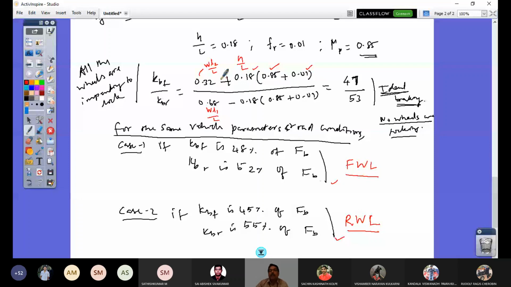CG is not going to migrate under static load distribution. But in the dynamic condition, you can have your braking force applied. This variation is going to be because of CG migration along the longitudinal axis, without changing the height of the CG location from the ground. That's what you understand, right?